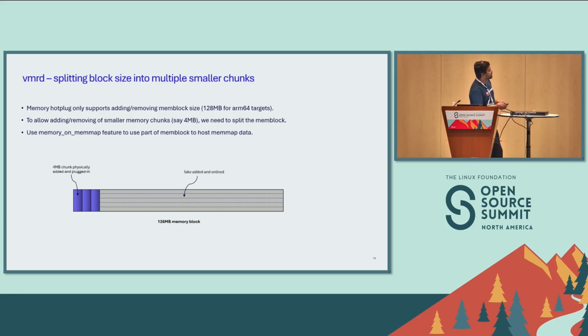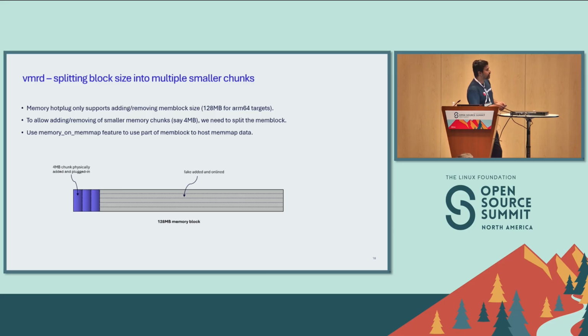So memory hotplug supports something called memory on mem map, where for this 128 megabytes, Linux also stores its metadata, the struct page array for this whole 128 megabytes, which is called mem map in Linux. So memory hotplug allows you to place that mem map data within this 128 megabytes itself.